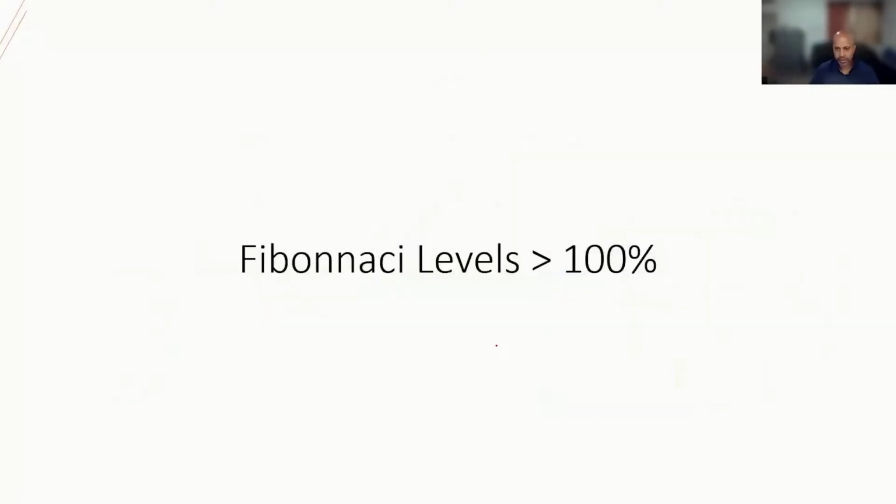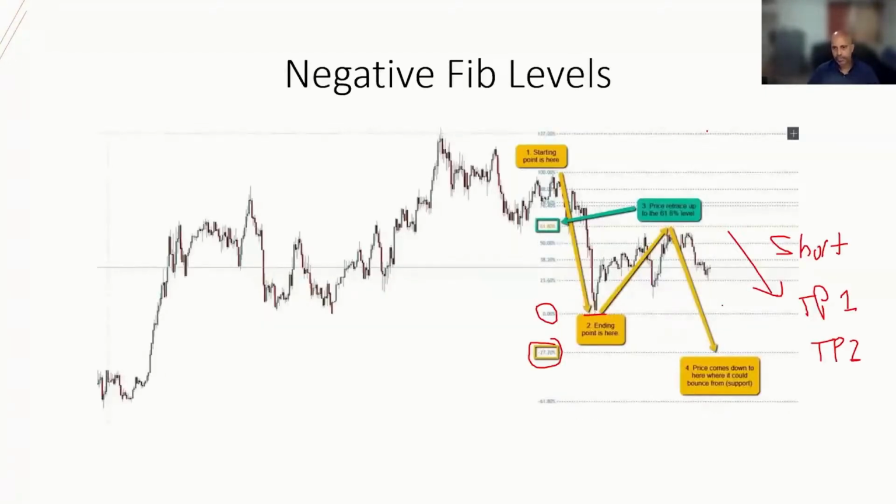Typically, if price breaks below this swing low here, it will find support at negative 27.2%, and usually it does bounce off this level to return to 0%. So this is how we can use the negative 27.2% Fibonacci expansion level to identify a potential take profit for a short trade.